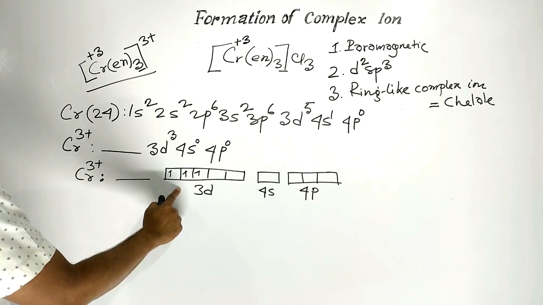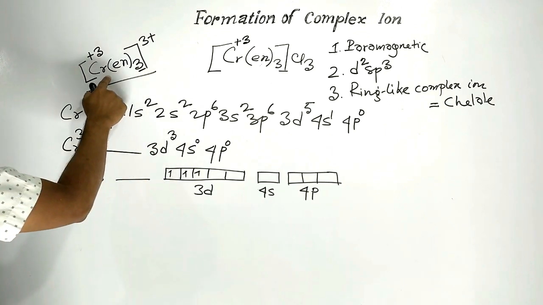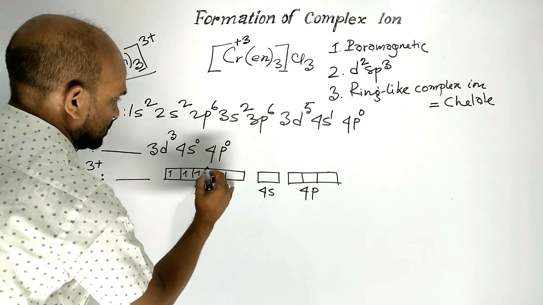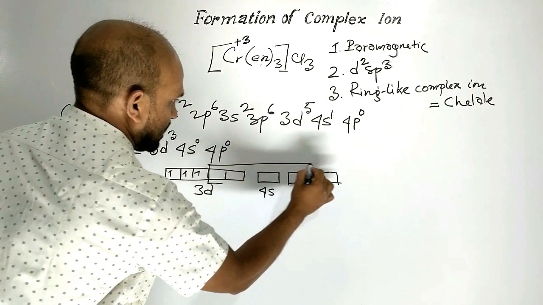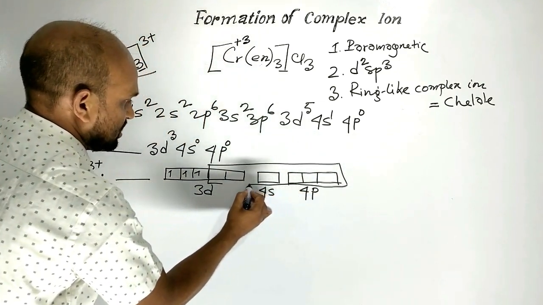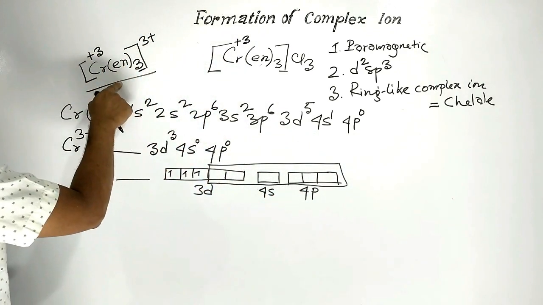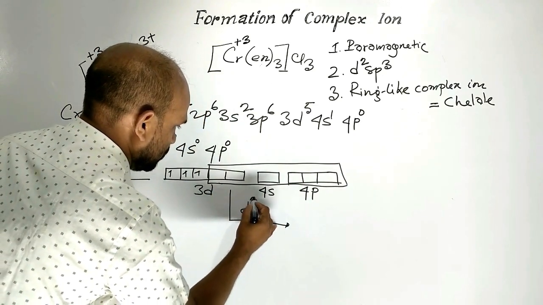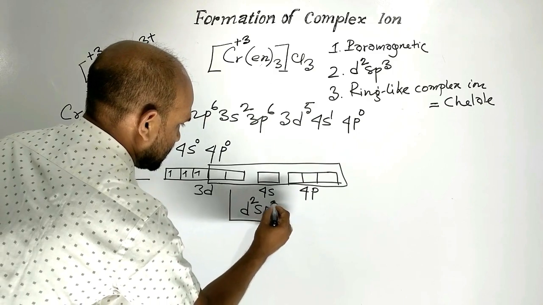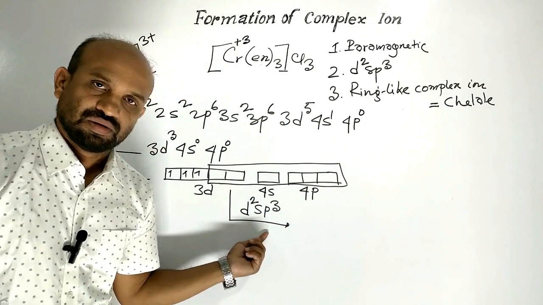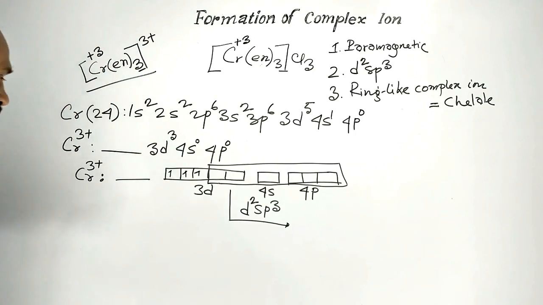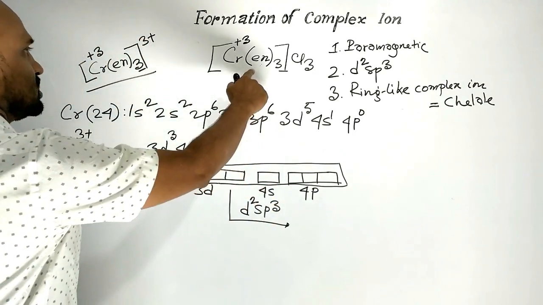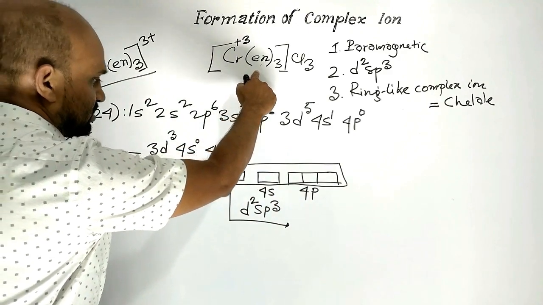Now let us see what hybridization this complex ion experiences. Here D2 and sp3 hybridization it undergoes. Chromium 3 plus ion undergoes D2sp3 hybridization in the presence of this ligand.